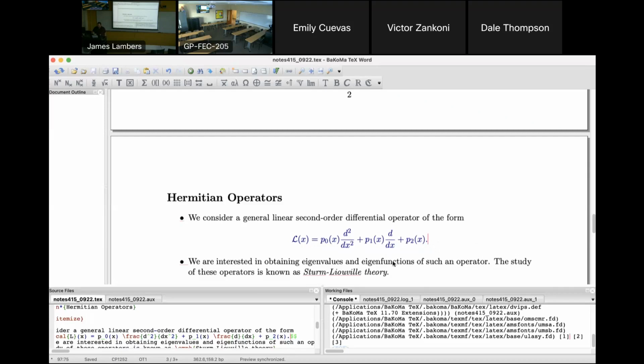So Sturm-Liouville theory, Liouville, not Louisville, refers to studying the eigensystem, if you will, eigenvalues and eigenfunctions together, of an operator such as this.